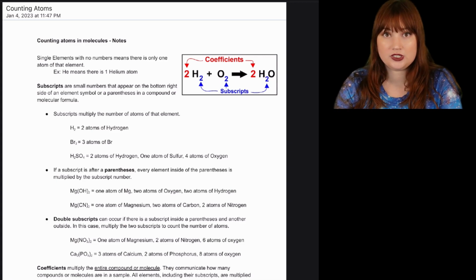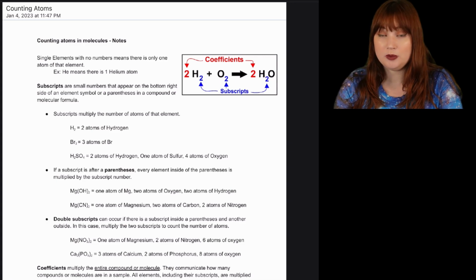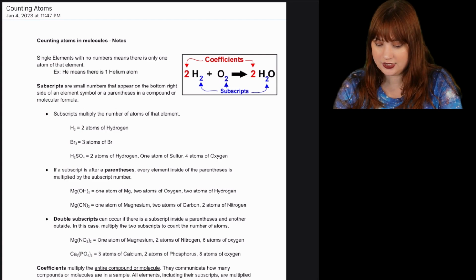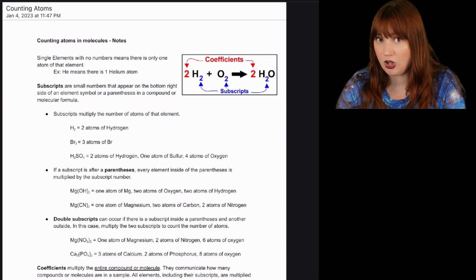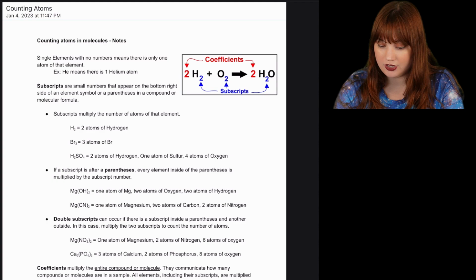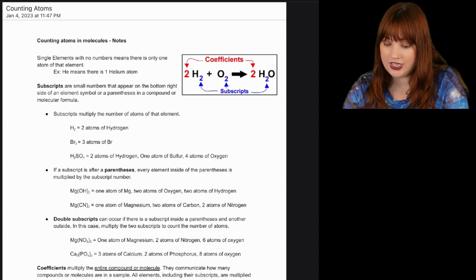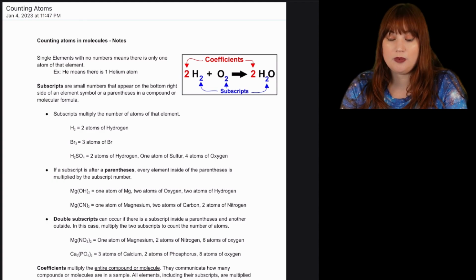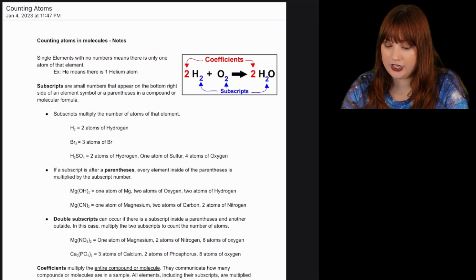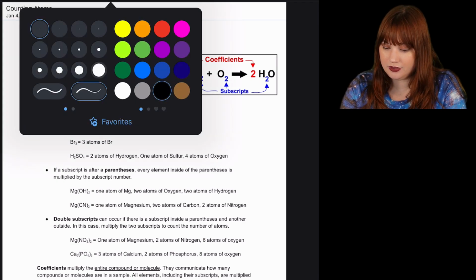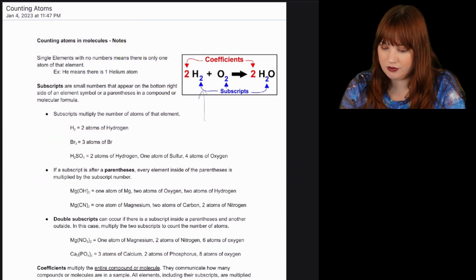The two numbers that we see are called subscripts and coefficients. The subscripts are the small numbers that appear on the bottom right side of the element symbol or a parentheses in a compound or molecular formula. So we see these small numbers at the bottom. Those are the subscripts.